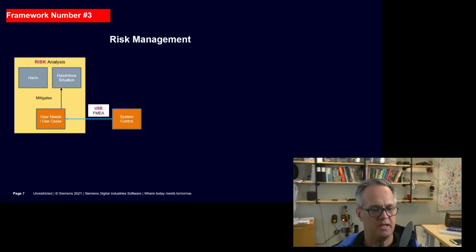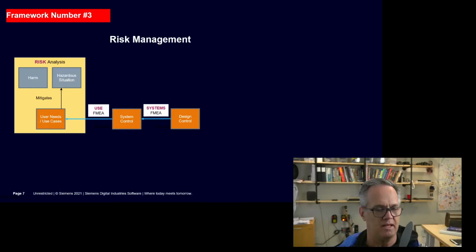Okay, so then we do the next step where we go to the systems failure mode analysis. That systems failure mode analysis is going to process the system controls to get what design controls are needed. In this case, the system control is compliance with the 11135 standard. The design controls we're going to need to have in place are things that are associated with getting that ethylene oxide sterilization done.